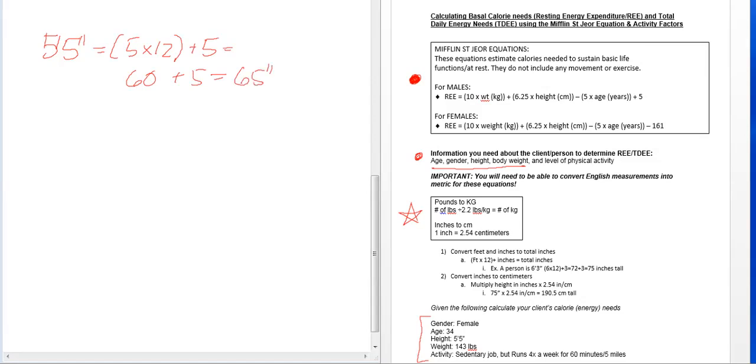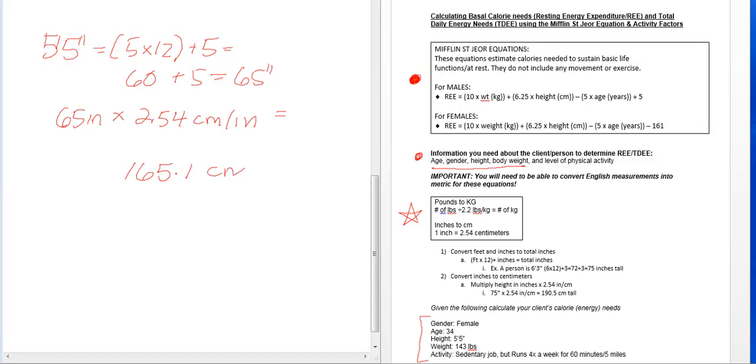She's 65 inches tall, this woman. So we want to convert those inches into centimeters. So we have 65 inches times 2.54 centimeters per inch.